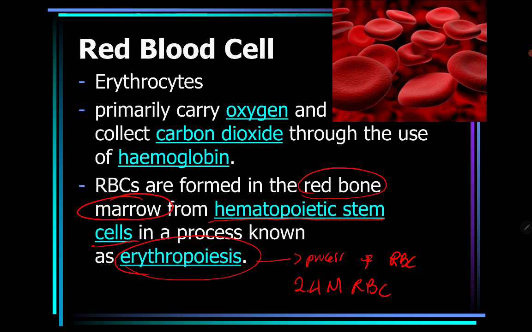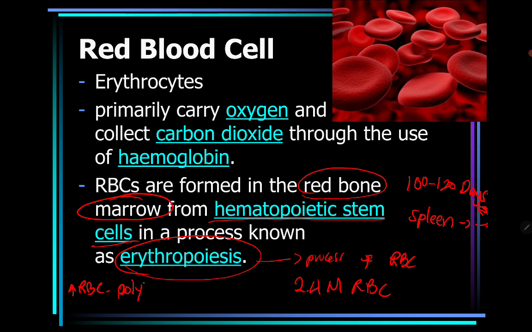And RBC has a lifespan of approximately 100 to 120 days. After they have completed their lifespan, they are removed from the bloodstream by the spleen. We have a condition wherein there is an increase or too many RBC; the medical terminology for this is polycythemia.